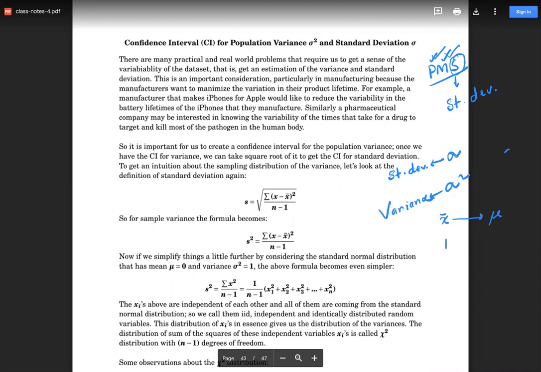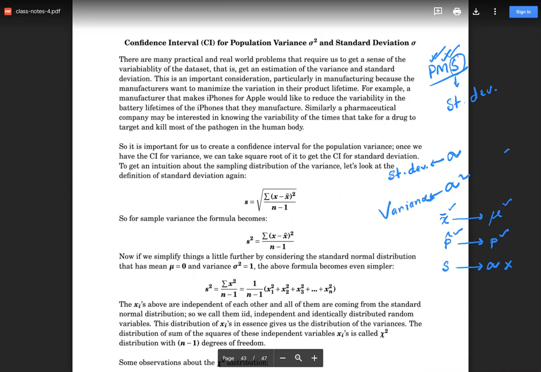You take P hat, and from that you try to approximate P, the population proportion. X bar is the sample mean, from which you approximate the population mean. P hat is the sample proportion, from which you approximate the population proportion. And similarly, S is the sample standard deviation, from which you try to approximate sigma, the population standard deviation.